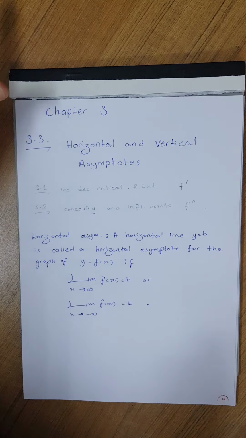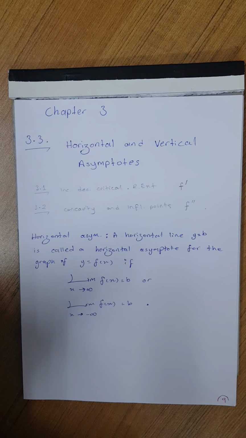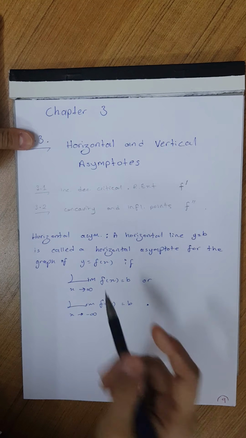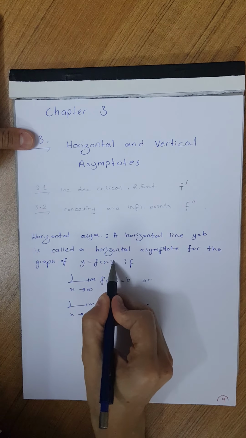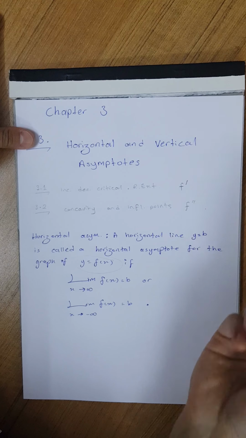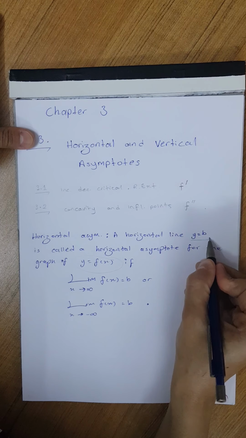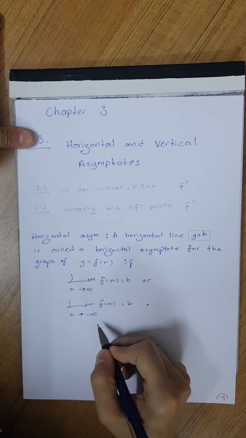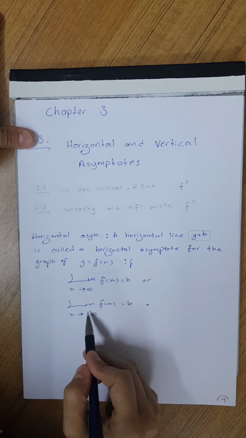So what do we have in general? Okay, that was the definition. Let us come to the explanation. We have a function f of x that is given to us. What is a horizontal asymptote? It's a horizontal line, y equal to b. How do we find that y equal to b? We are using the concept of limit.